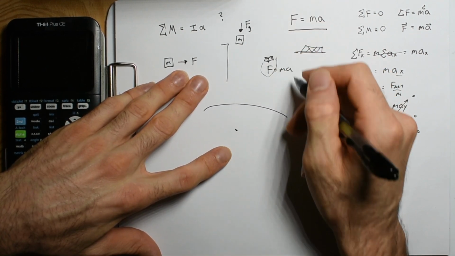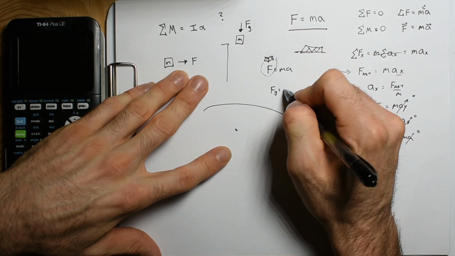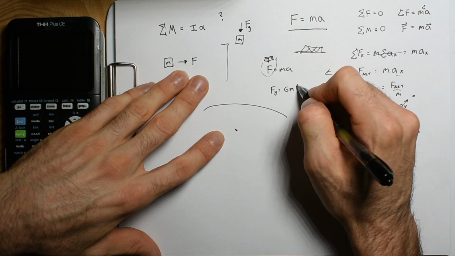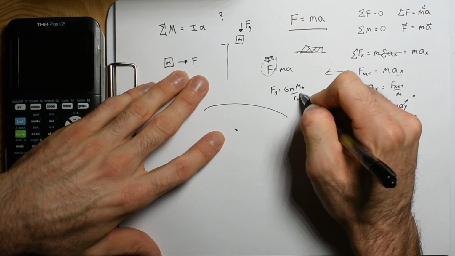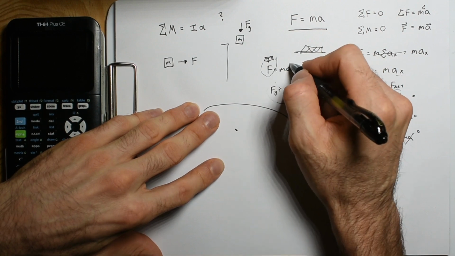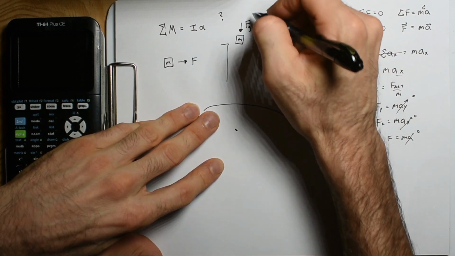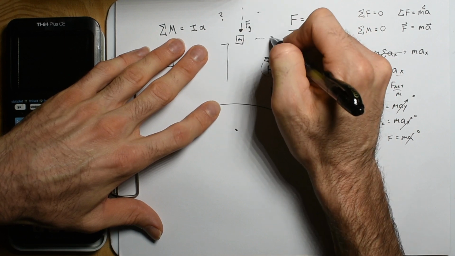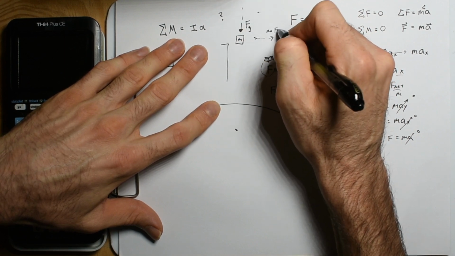And so that goes into this side of the equation. And we can say force of gravity is gravitational constant, mass of me, mass of the Earth, radius of the Earth squared. Okay, and then we can throw that into this side, and then we can find our acceleration. This is going to be in the y direction, and we're not going to have any forces in the x direction.